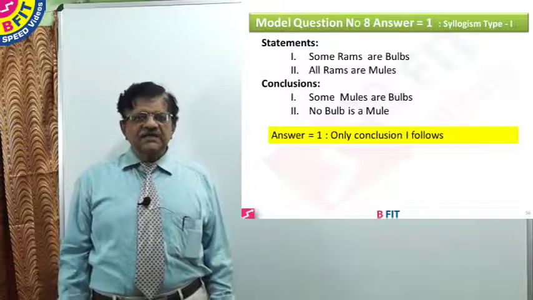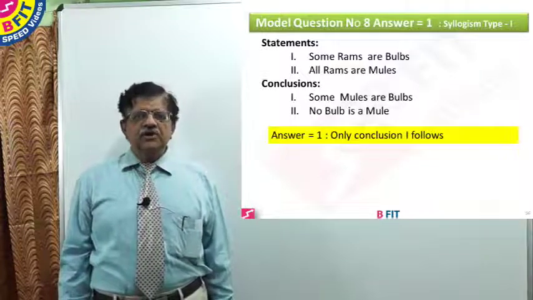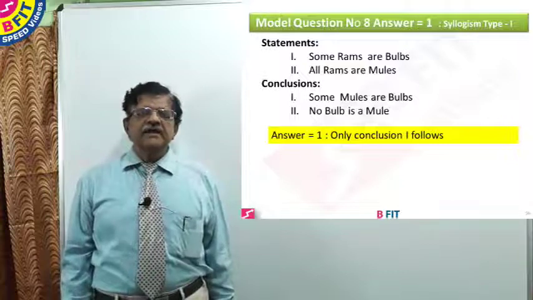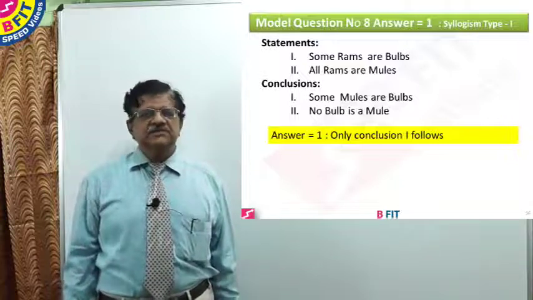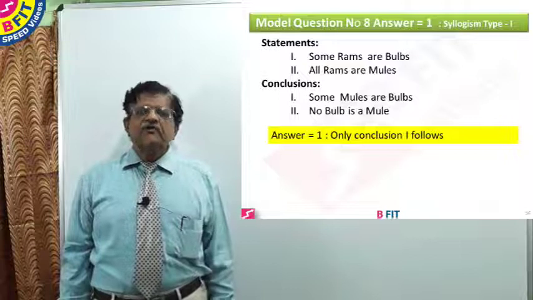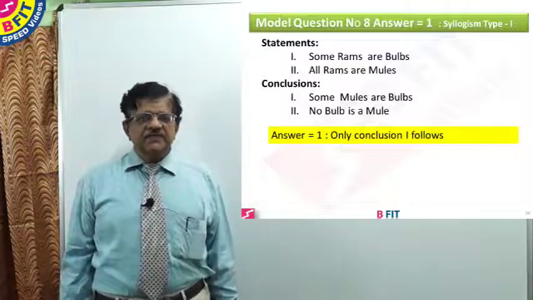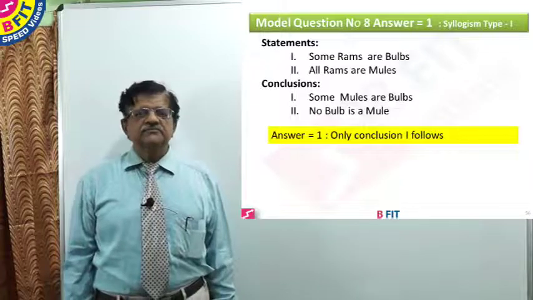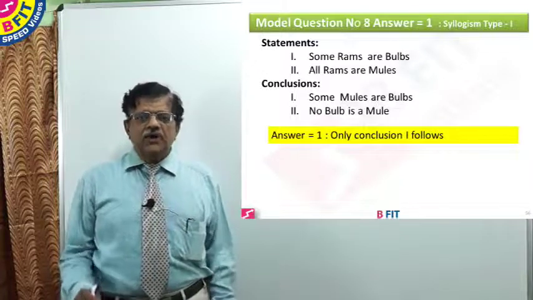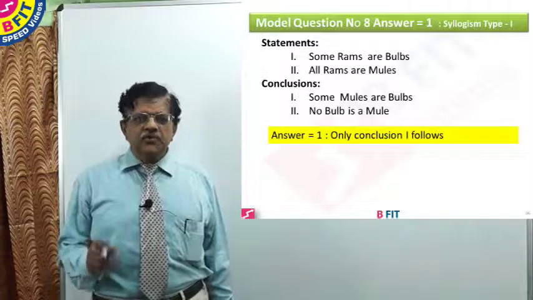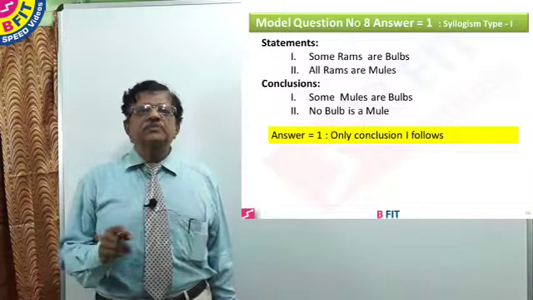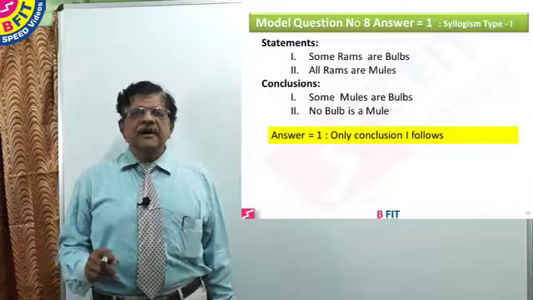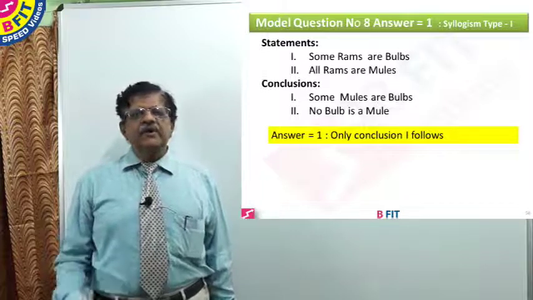Now if you master this, then you will be able to draw all kinds of mediate and immediate inferences. We have given you a test in which you have to work out all the answers for yourself. You have to work out, because only when you work out yourself, you will find where the shoe pinches and you will be able to solve the matters in the examination very quickly.